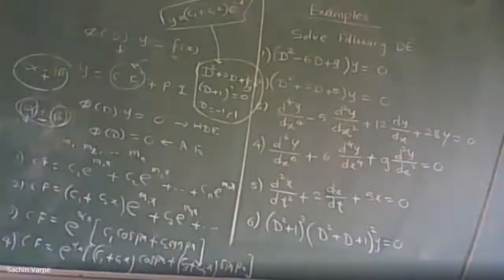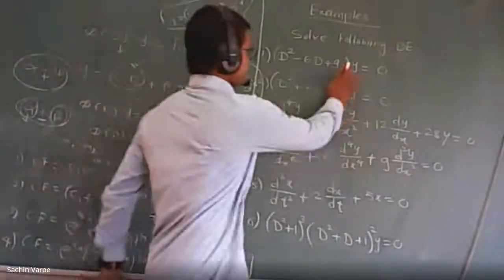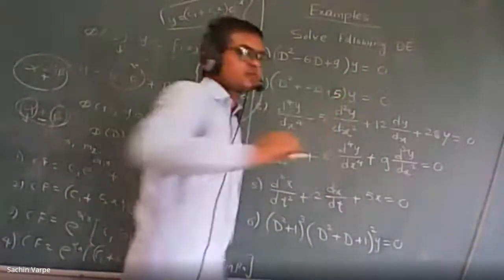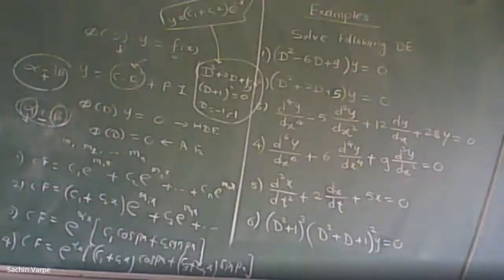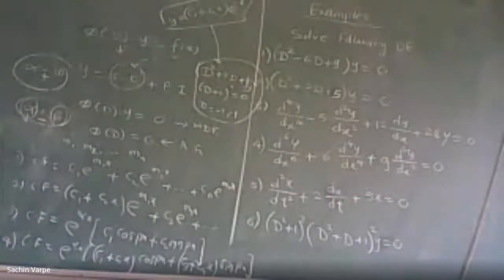Yes, it is 5. d square plus 2d plus 5. You can keep your mobile horizontal, and you can even zoom the board also, so that you can see the questions.